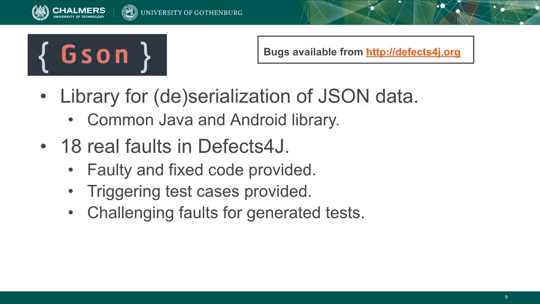Gson is an open source library for serializing and deserializing JSON input, and it is an essential tool of Java and Android development. A set of 18 real-world faults from Gson are available in the Defects4J fault database, and for each fault, Defects4J provides access to the faulty and fixed version of the code, developer-written test cases that expose each fault, and a list of classes and lines of code modified to fix the fault.